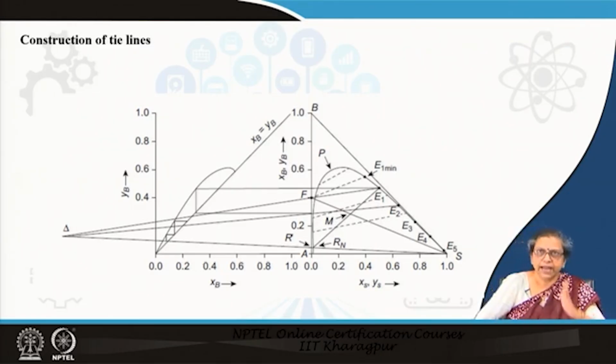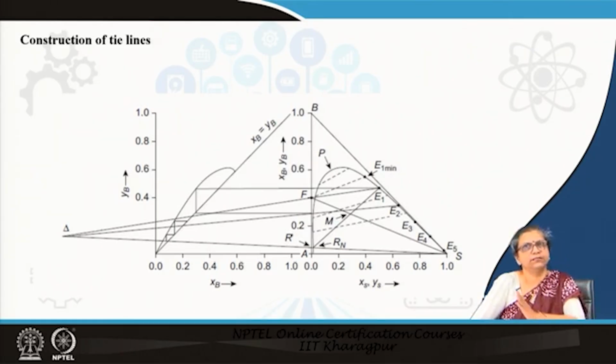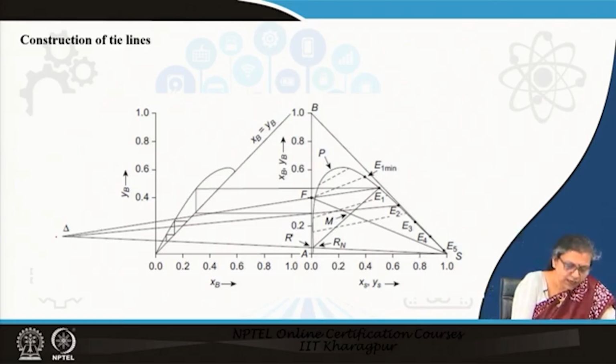It gives you the net outflow from any particular stage, maybe stage 1, stage 2, stage 3, etc. So therefore, all lines which locate the streams coming out from any particular stage have to cross through this particular point. Similarly, E1F has to come here, and in the same way your SRN also has to come here. And in the same way your E2 R2 has to come here.